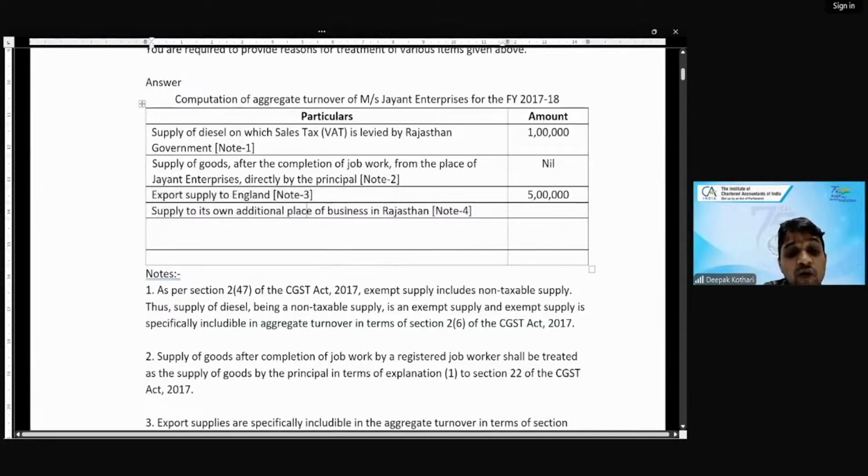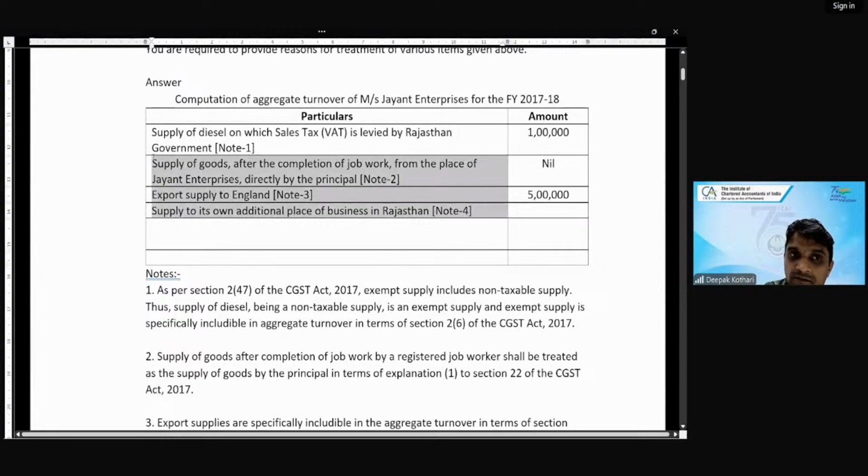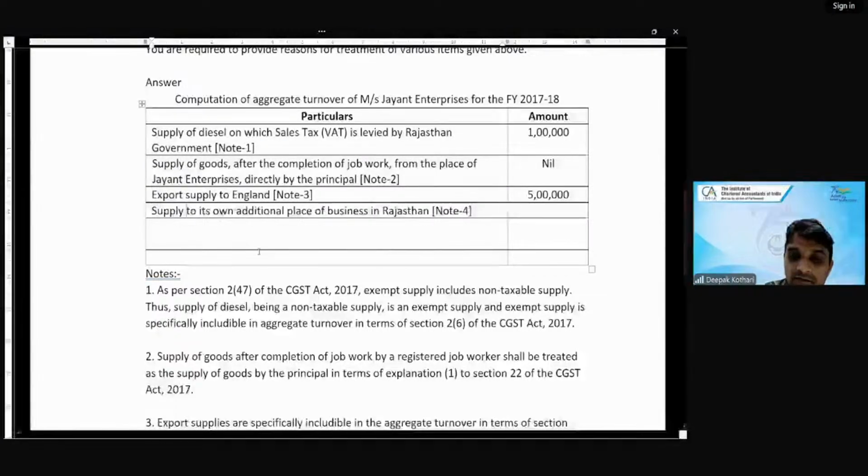Next is supply to its own additional place of business in Rajasthan. Not included. Why, Pooja? Not included. Asta is also saying you're giving a correct reasoning as well.